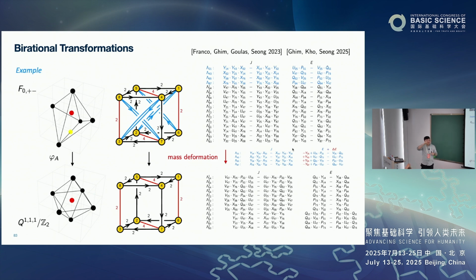So for each of these birational maps within this graph, we might have a deformation. Some of them are mass deformations, but not all of them might be. They will be related to some other deformations, which we hope to classify in the future. But yes, that's a very good point.